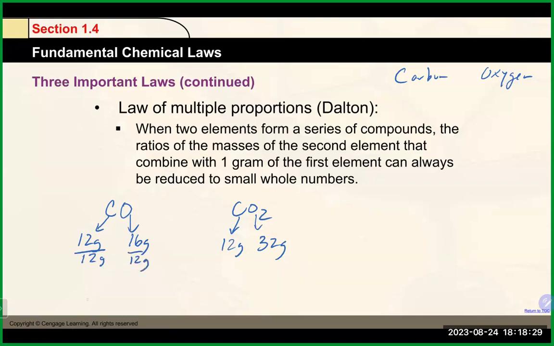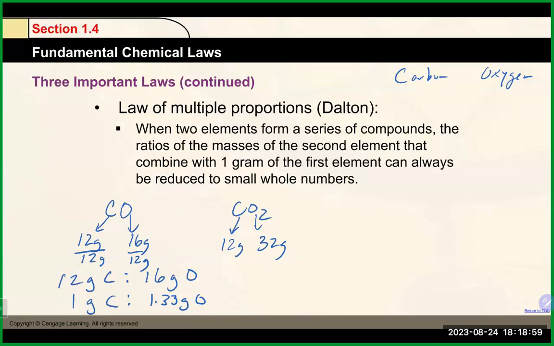So if I do that, I originally had 12 grams of carbon for every 16 grams of oxygen. And if I divide everybody by 12 there, that means 1 gram of carbon will give me 16 divided by 12, about 1.33 grams of oxygen in the case of CO or carbon monoxide. Again, just dividing everybody by carbon in this particular case.